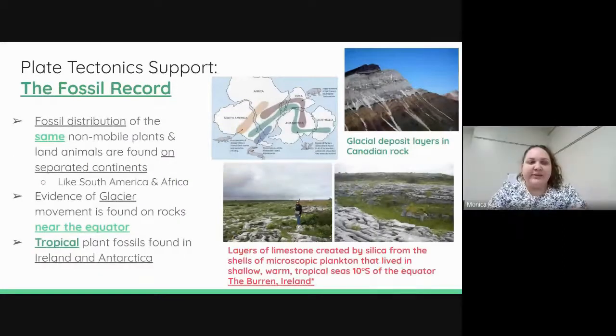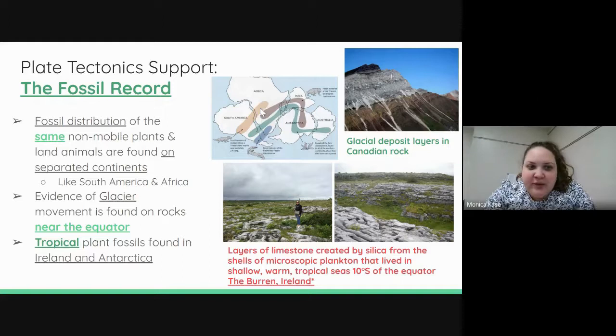All right, so plate tectonics is supported by a couple of different things, one of those being fossil records. Fossils are found distributed among many of the same continents. Like in that picture there, some of the same fossils you'll find in South America, you'll also find in Africa.